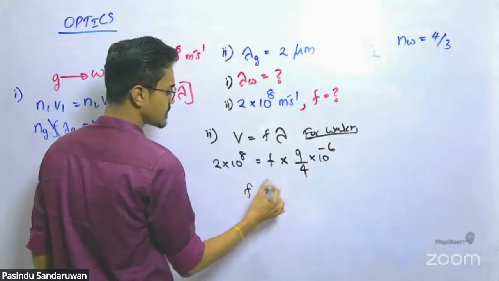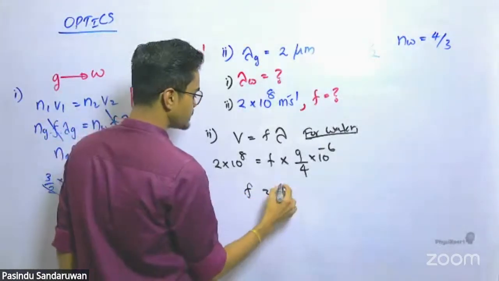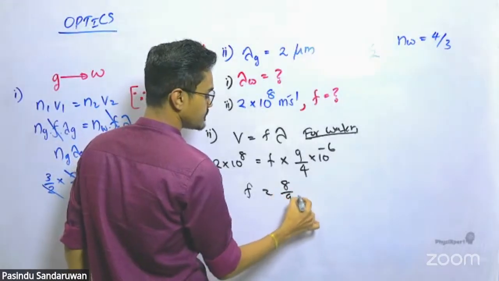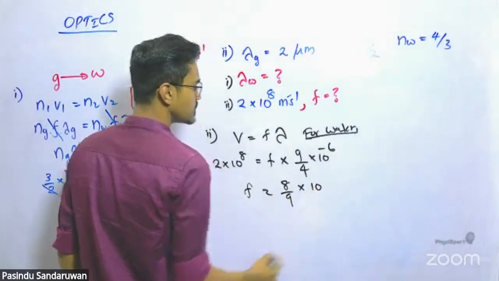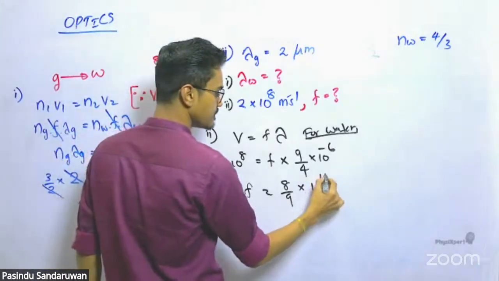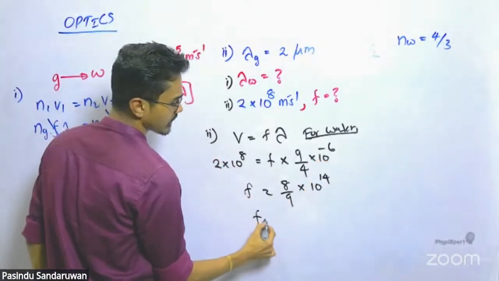Now the frequency is 8 over 9 times 10 to the power 14, since 8 plus 6 is 14.